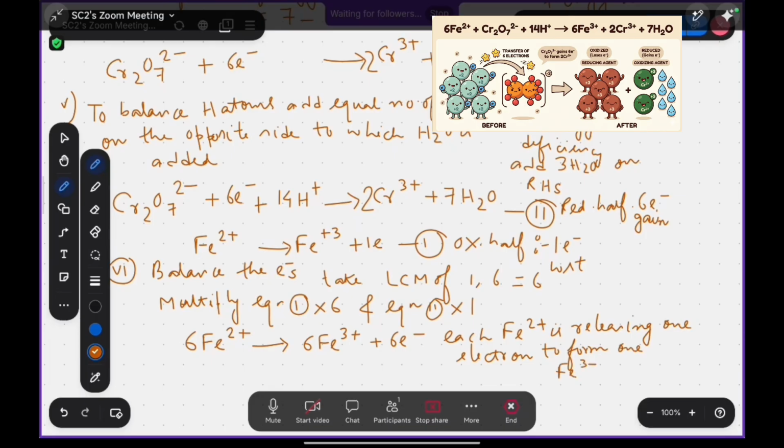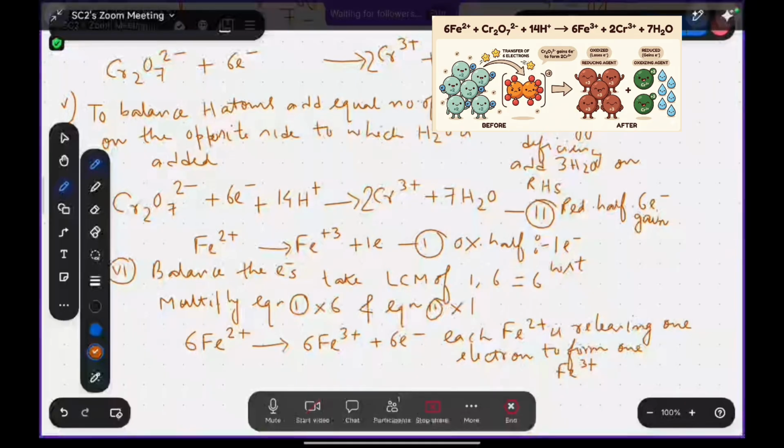So 6 Fe2 plus is losing 6 electrons to form 6 Fe3 plus.